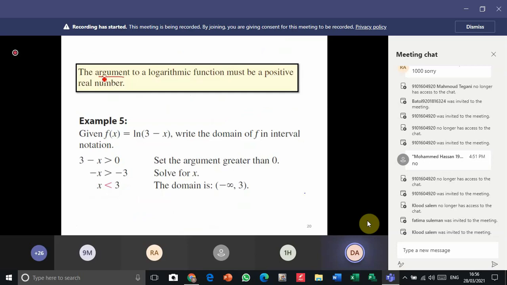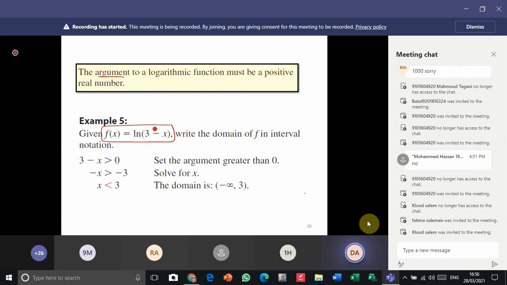If the argument must be positive, this is the fact when using the logarithm. We need to find the domain of ln(3 − x).